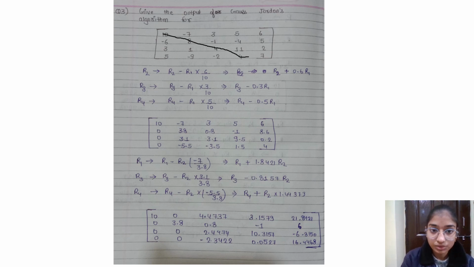So we are going to take the help of row 1, and we make changes in R2. So we are going to do R2 minus R1 multiplied by minus 6 divided by 10.